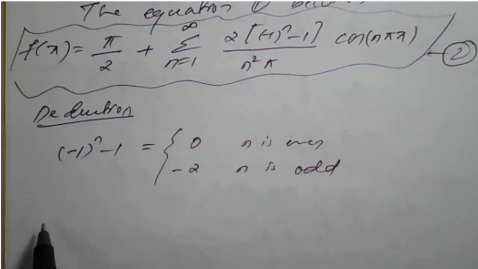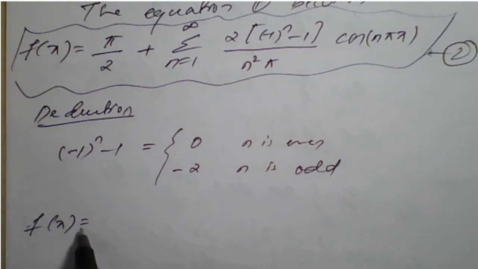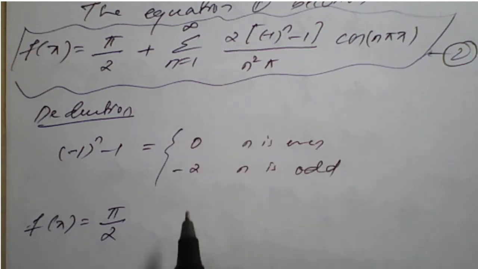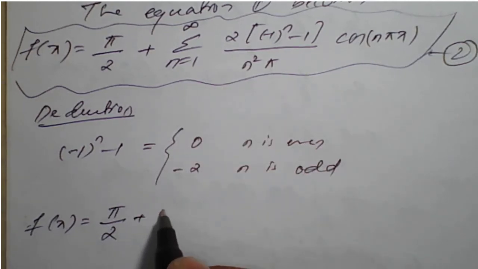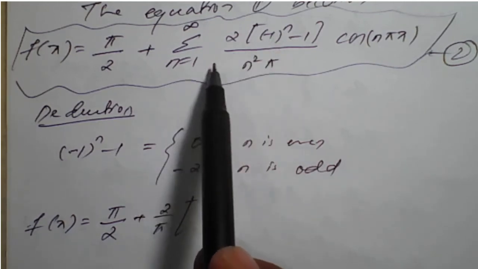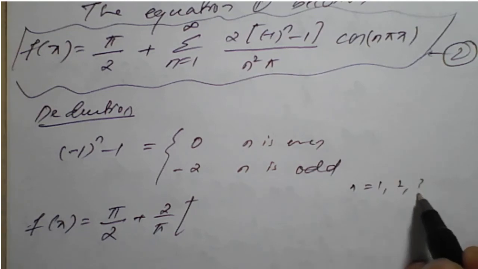So therefore the function f(x) will be, because I am not replacing the value of x, so f(x) is equal to, as per the required result we need to bring that one, π/2 as it is. So here 2/π is a constant from the series. Then for the remaining thing we'll apply n = 1, 2, 3, and so on.